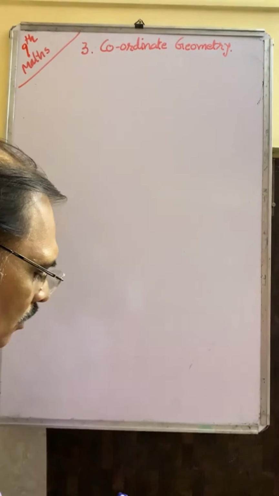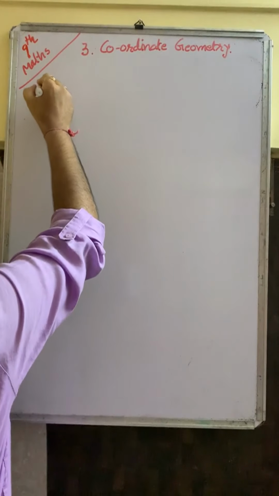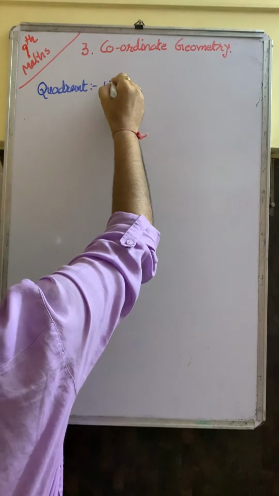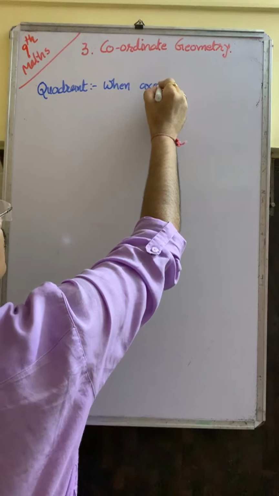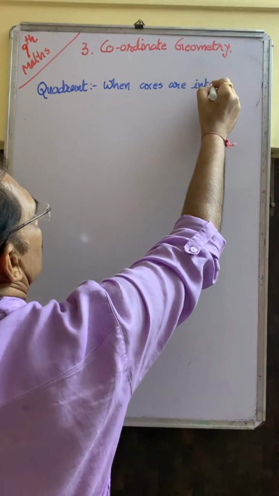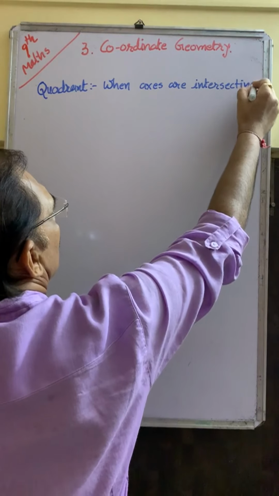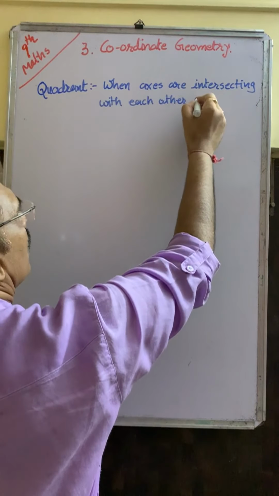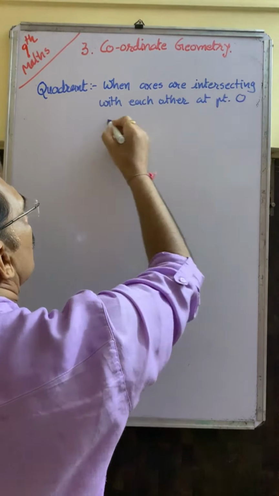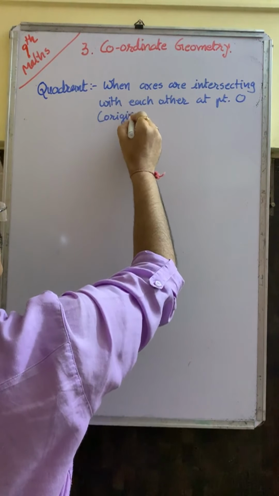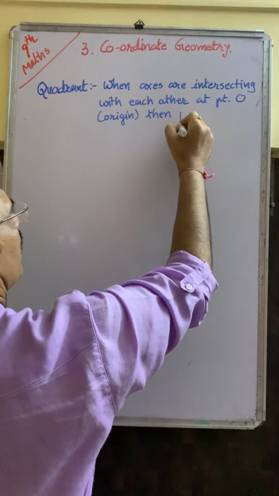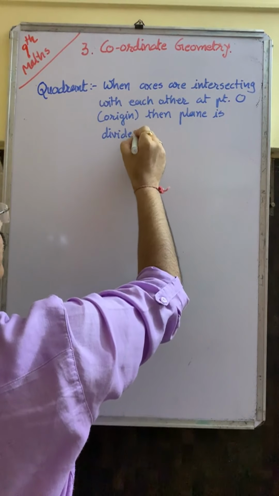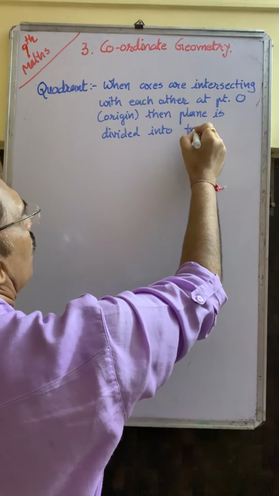What do you mean by quadrant? When the axes are intersecting with each other at a point O called origin, then the plane is divided into 4 parts.